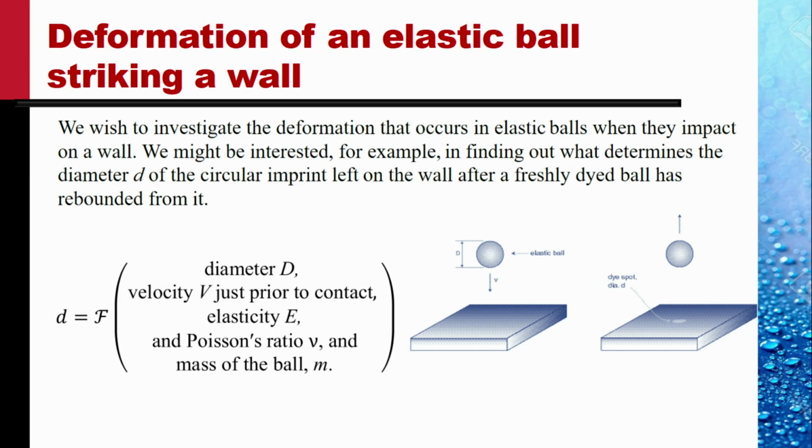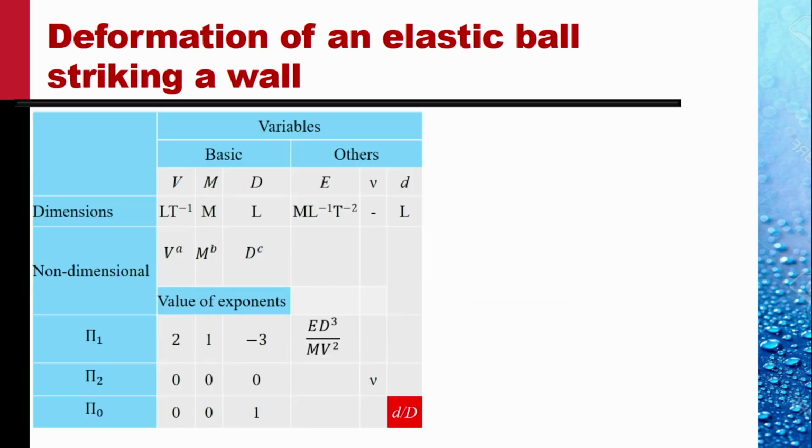Since we have taken the velocity v just prior to the impact, the gravity effect is not significant. Thus, lowercase d is a function of D, v, E, nu, the Poisson ratio, and m, the mass of the ball.